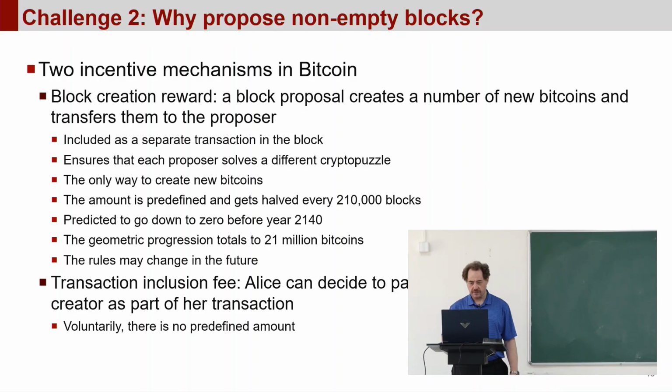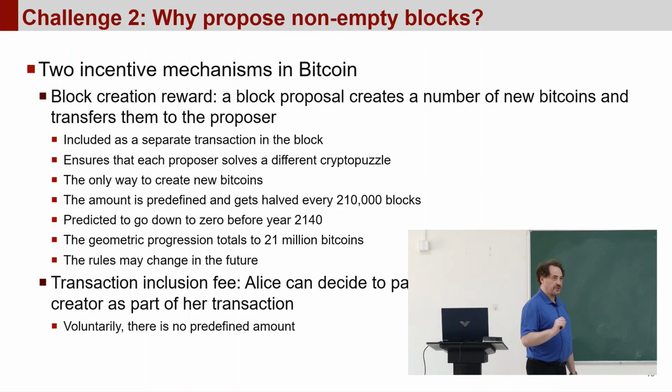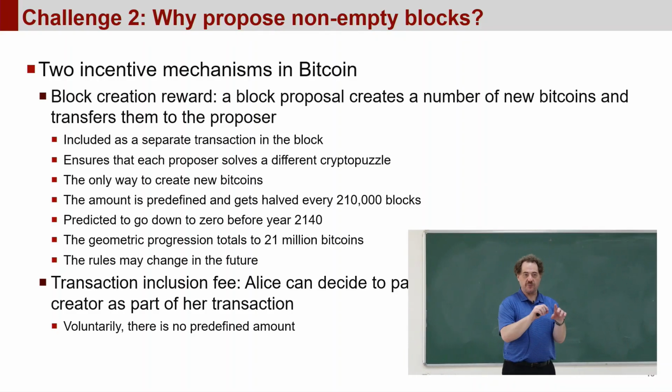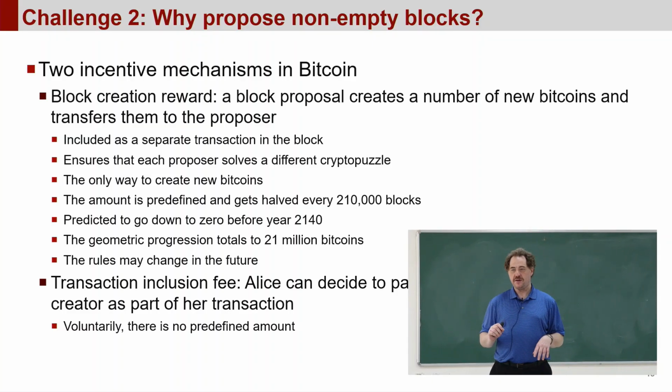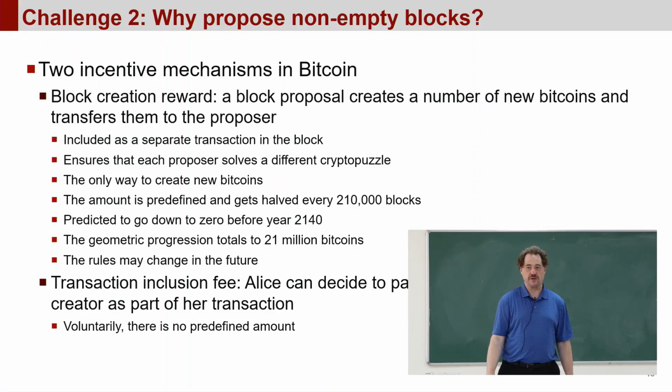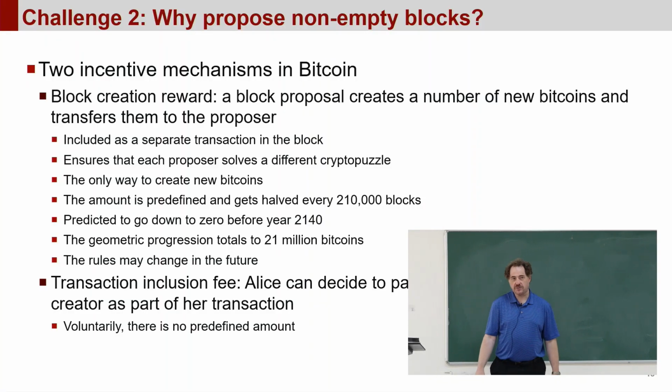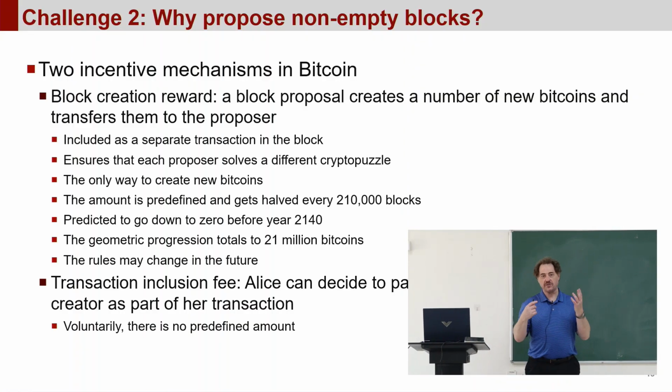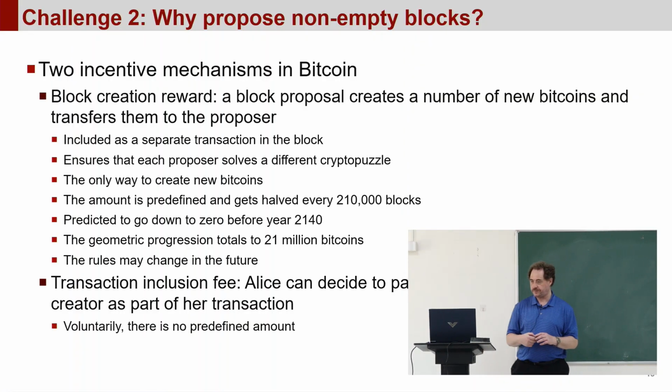Now, of course, if Alice decides to put a very small amount, maybe miner would not like it, and maybe miner would not include Alice's transaction. So Alice has a certain risk here. And generally speaking, the miners would prioritize transactions with higher fees, right?